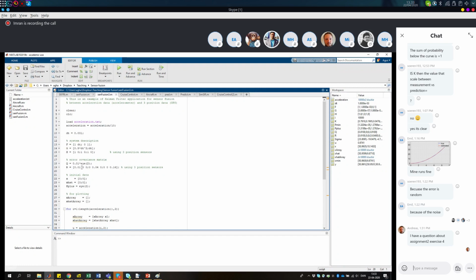Yeah, this is actually a really good question. In practice, if you know this covariance matrix from the manufacturer, then you have to use it, and you just input it into this matrix Q and R. But if you don't have any knowledge about this, you can try to measure, that is the first option. You can try to measure the standard deviation, or you can consider this Q and R as tuning parameters for your Kalman filter.